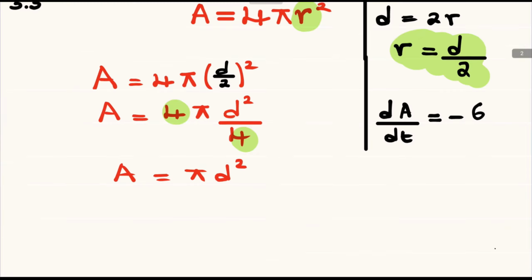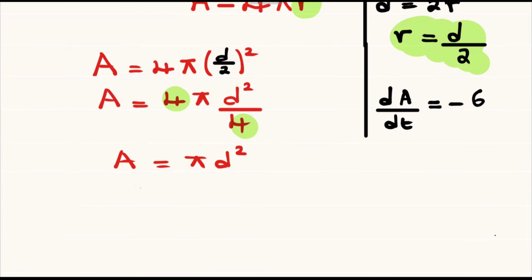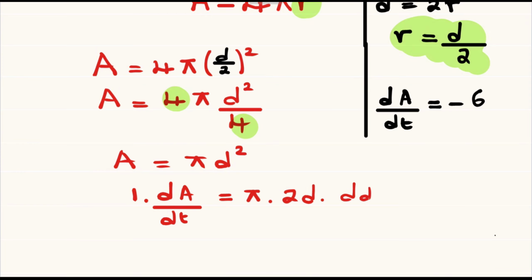So now we can differentiate with respect to time. The derivative of the A is 1, but we multiply this by the derivative of the area with respect to time, and this will be equal to pi. The derivative of the d squared is 2d, which we multiply with the derivative of the diameter divided by the derivative of time.